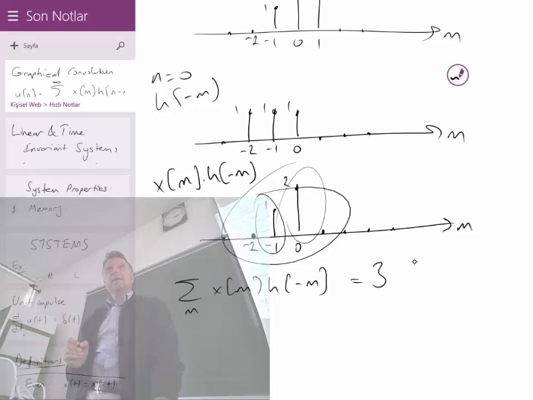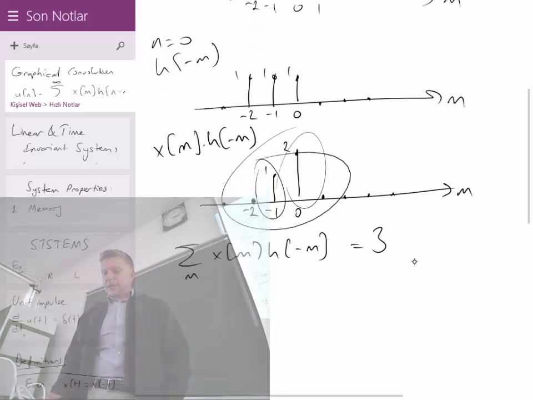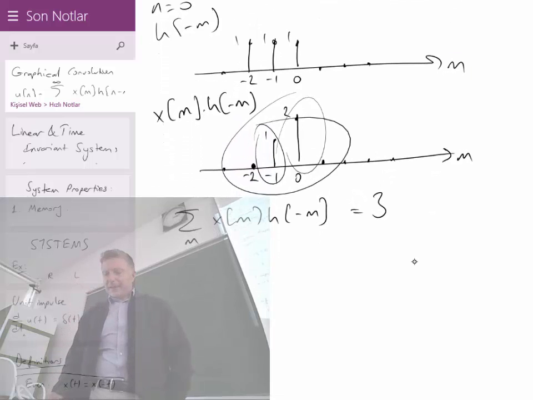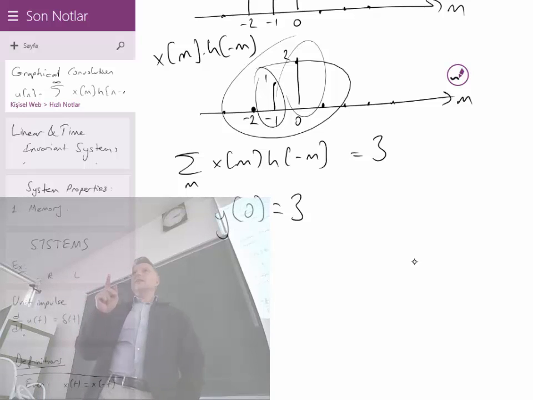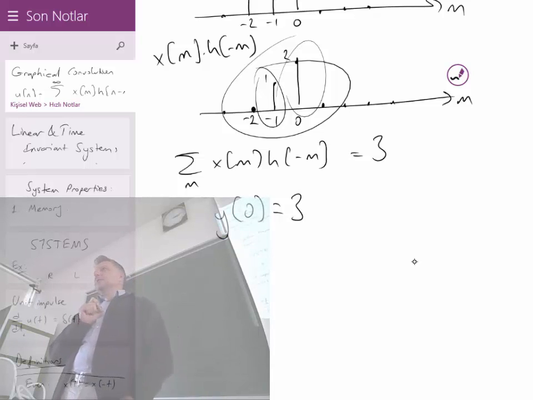It's equal to 3. It gives you the result at which point? At n is equal to 0. So I say y of 0 is equal to 3. I evaluate the output at a particular point, at a particular time index. That is 0 index only.